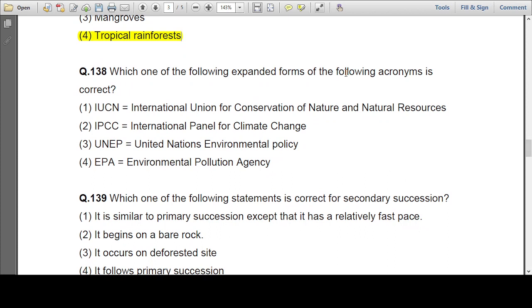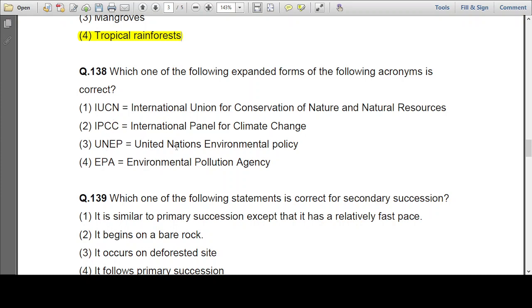Which one of the following expanded forms of the acronyms is correct? IUCN, the full form is International Union for Conservation of Nature and Natural Resources. This one is correct. IPCC, no, it is Intergovernmental Panel on Climate Change, so this is incorrect.